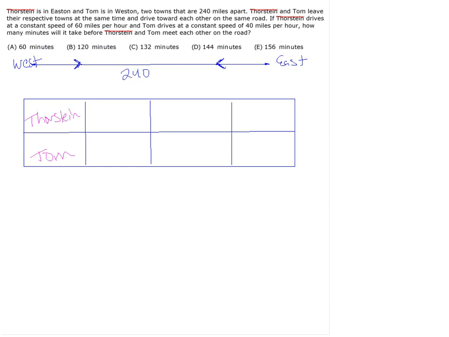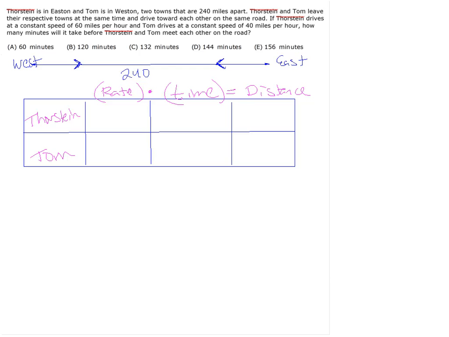And across the top, we know the formula that's modeling this problem is rate multiplied by time is equal to distance. Rate, time, and distance now define the columns respectively.